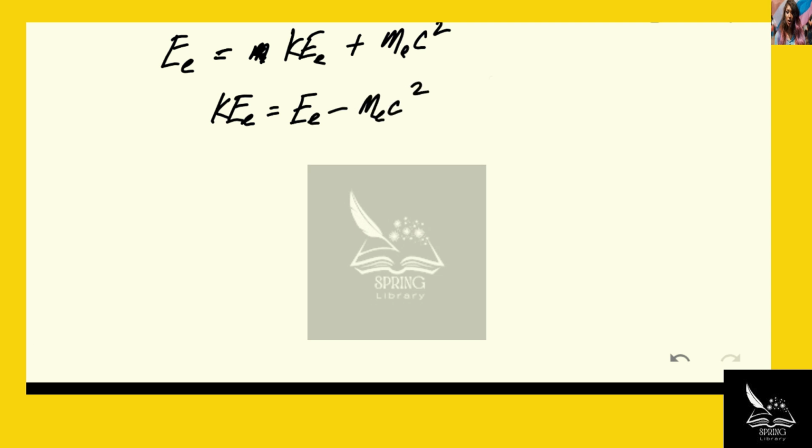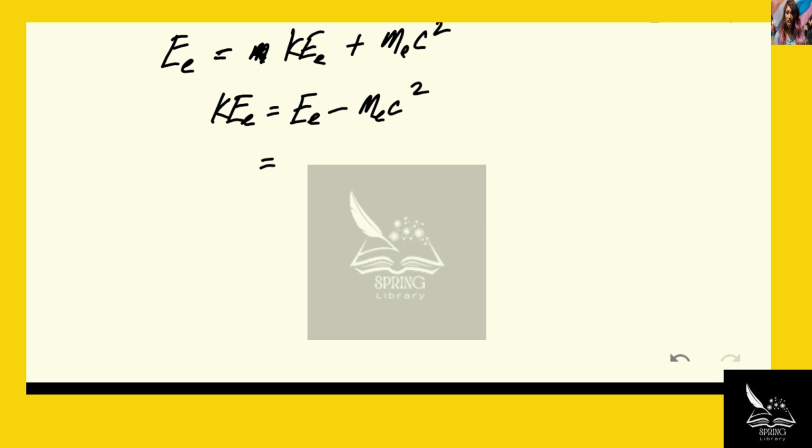To find the kinetic energy, we just have to take the total energy and subtract away the rest energy. So the total energy can be found from the previous expression. Subtracting the rest energy, we should get a value of 69.3 MeV.